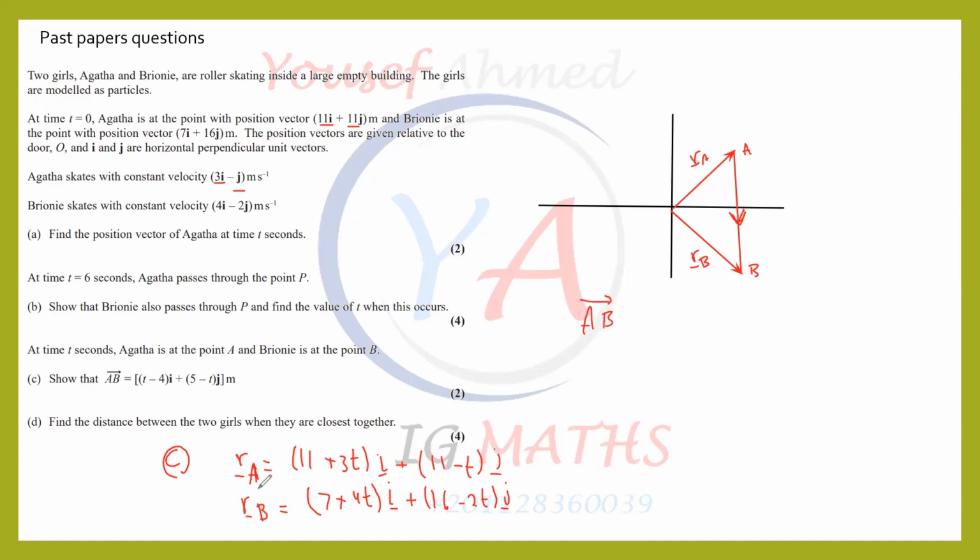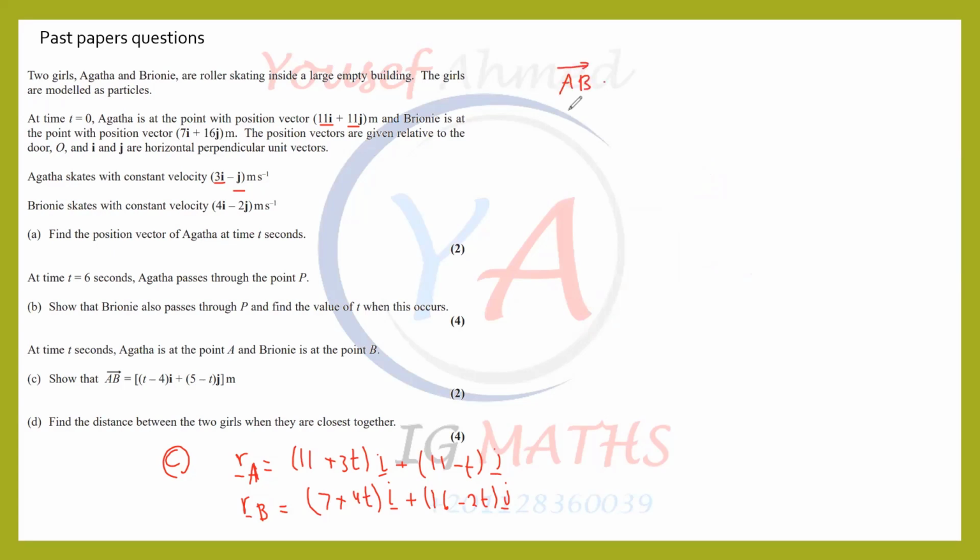So we need to have some space so we can do point D as well at the same time. So we can start writing this up there. AB as a vector is equal to OB minus OA, or the position vector for Biruni minus the position vector for Agatha.